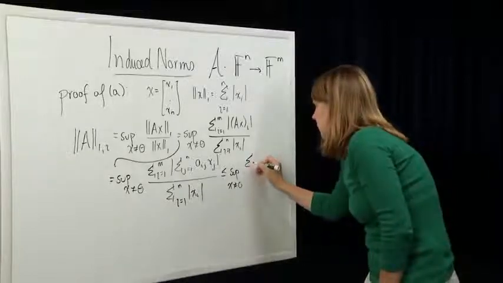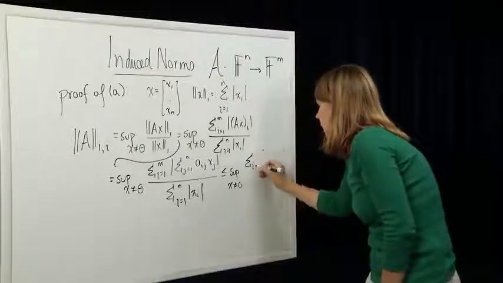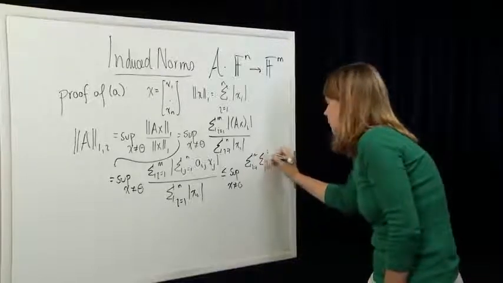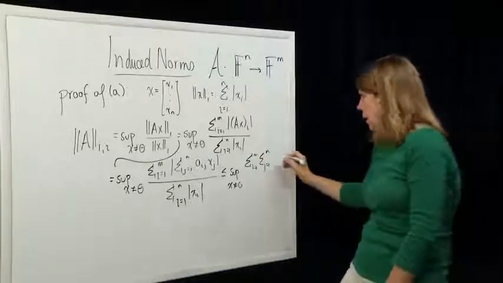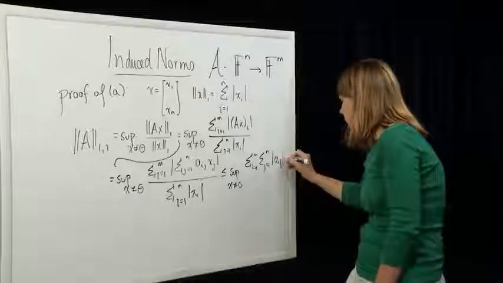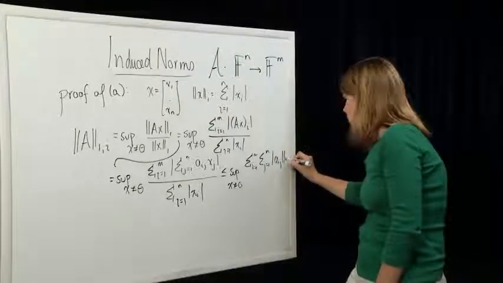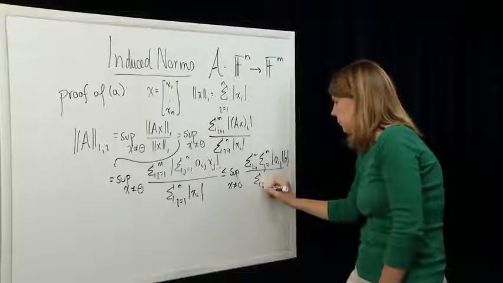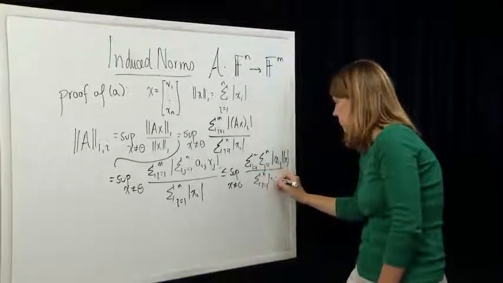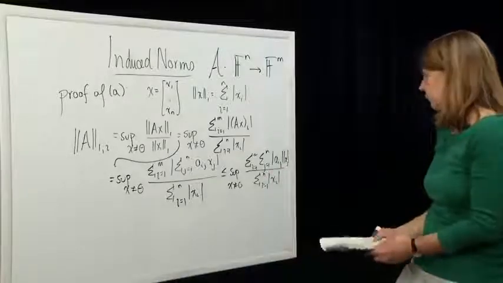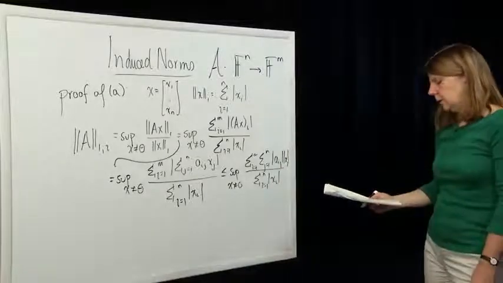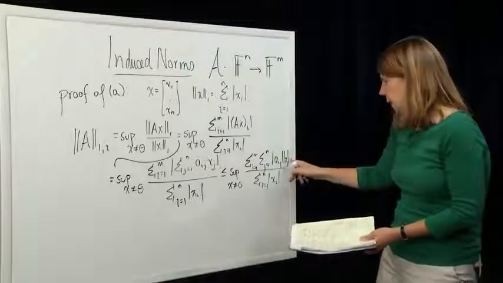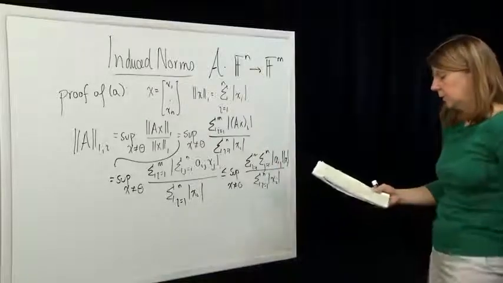And then I can just write this as the summation over i from 1 to m, summation over j from 1 to n of the absolute value of a_ij x_j. And you can start to see where this is going. So I'd like to somehow bring this out and simplify.